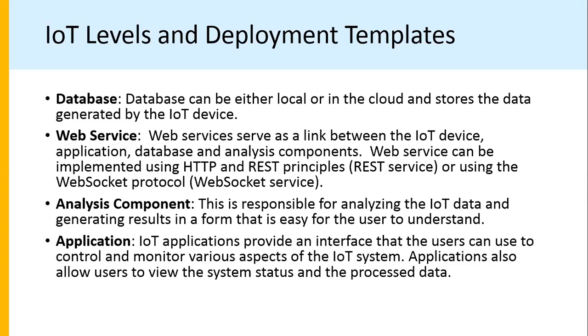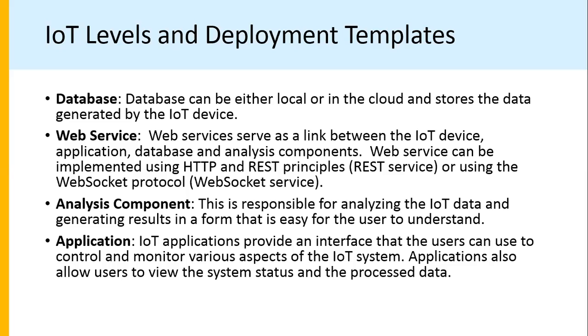Next component is the analysis component. This analysis component is responsible for analyzing the IoT data and generating results in a form that is easy for the user to understand. For example, suppose we are sensing temperature.